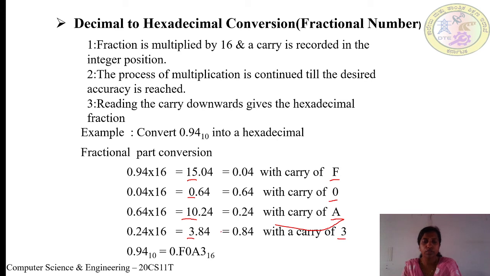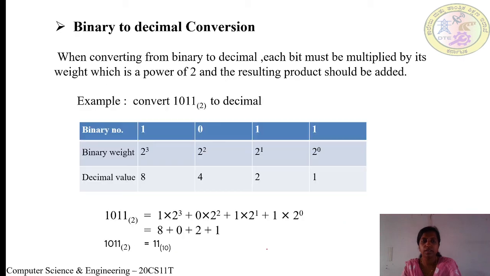Hence here we stop further multiplying because we have reached some accurate value. Hence the carries that we have got should be read from top position to the bottom position, that is 0.F0A3 base value 16. Next we move on to the conversion between binary to decimal.